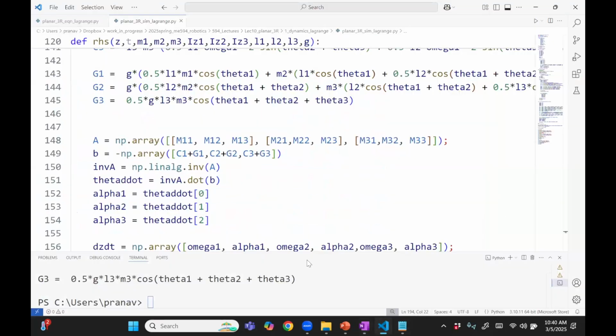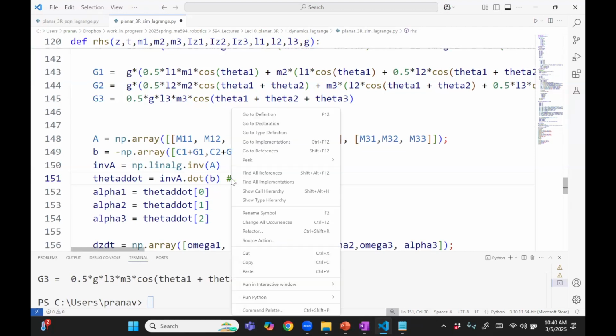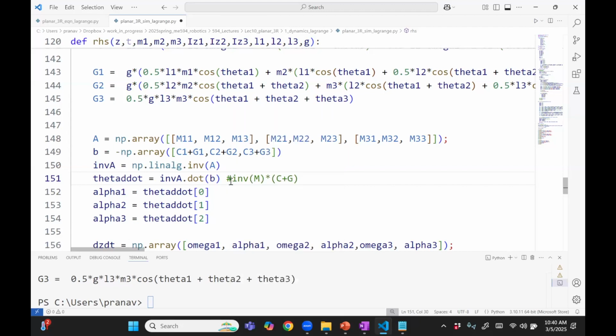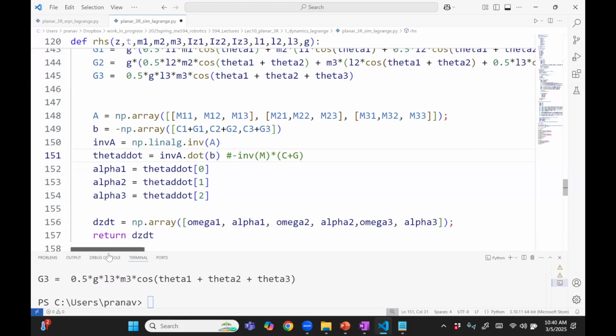This is the same as this thing here, M inverse times C plus G. So let me put that here. This is the same as inverse M times C plus G with a negative sign. The negative sign appears here. Okay, so I get angular acceleration, and then I need to provide angular accelerations and omega, which is the velocity.